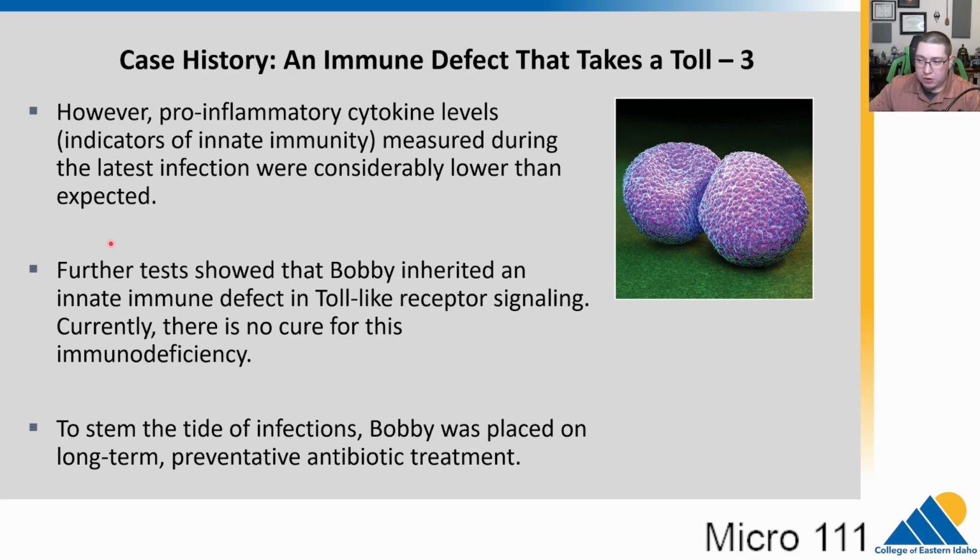They do more tests down this line, and they find that there is a series of receptors that we call toll-like receptors, but Bobby is deficient for those. He has some sort of mutation or something that does not allow him to make those receptors that function properly. Again, with this, there is currently no cure for this option. So the only course of action to keep these infections at bay is to put him on a long-term course of antibiotics.